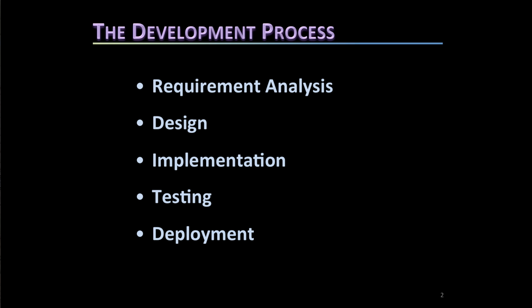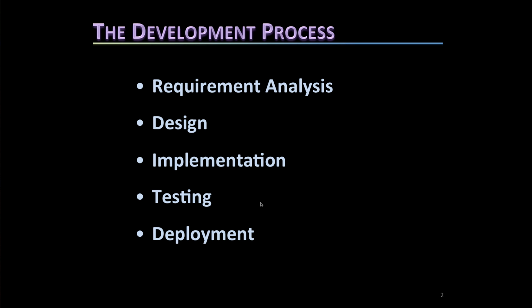So people who work in requirement analysis are known as analysts. People who work in the design are known as designers or architects. Implementers are programmers, and you also have testers and so on. So these are the phases of the process.